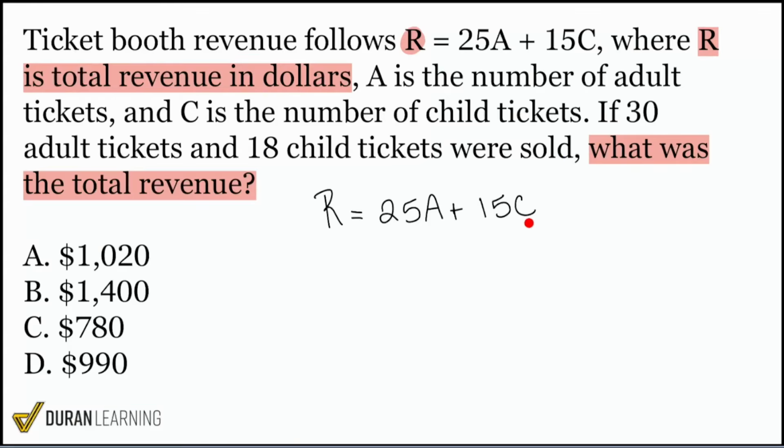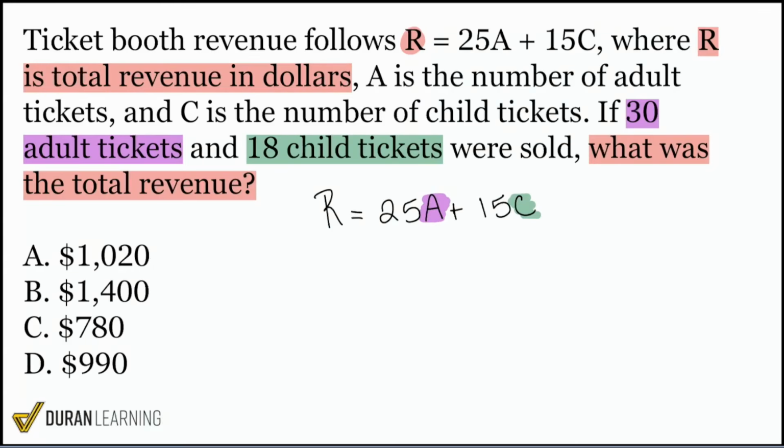The A or the C? Where are we replacing 18? Yeah, that's going to be C for child tickets. So right there, we're going to make sure that we have 18 child tickets. That's C right there. And then when we take a closer look, on the other hand, we have 30, and that is 30 adult tickets, and that's where the A is going to be replaced.